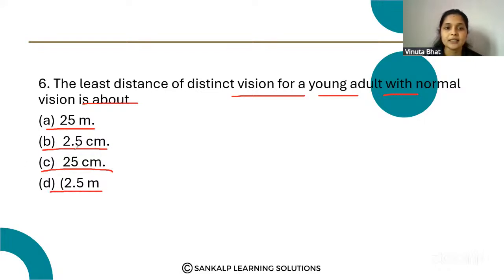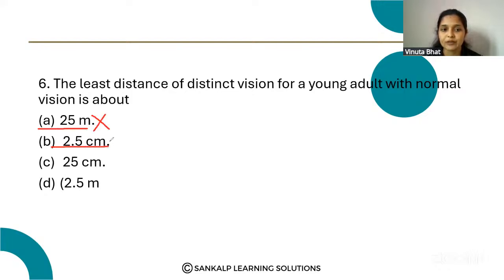Is it 25 meter? No, that is not correct. 2.5 centimeter is also not correct. The correct answer is 25 centimeter. Please note down this answer.